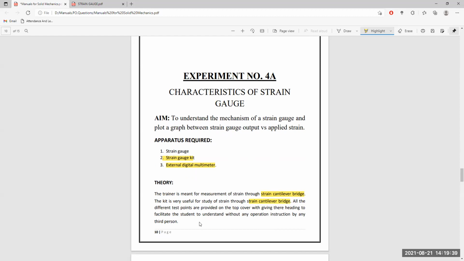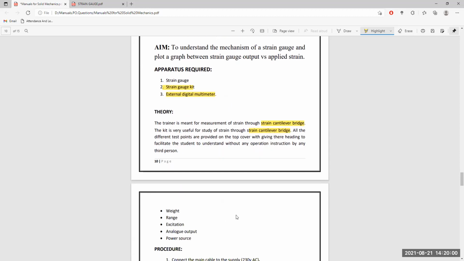All the different test points are provided on the top cover, with headings to help students understand without any operating instruction from third persons. Different points are provided on the strain gauge kit itself, with proper labeling, so that you can understand without any explanation. Now, what is available?